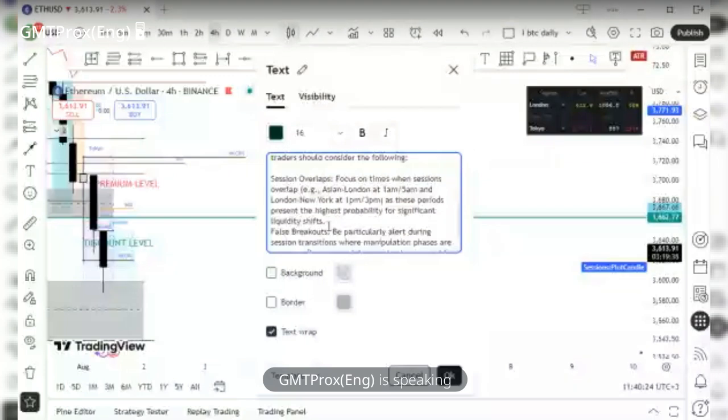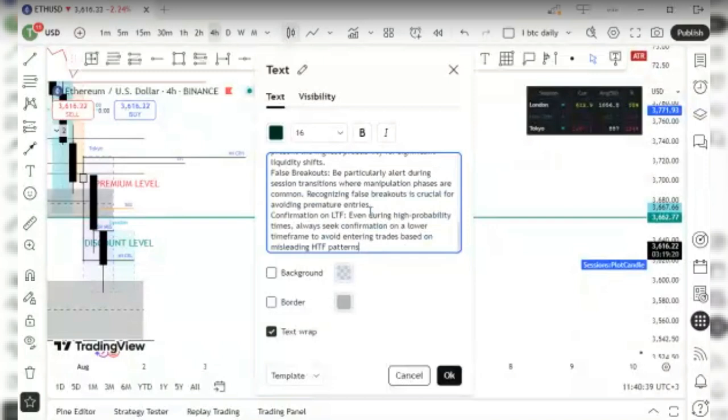When one market is closing and is close to the new market that is opening, that is called a transition of volumes, liquidity, and volatility. Be particularly alert during session transitions where manipulation phases are common.